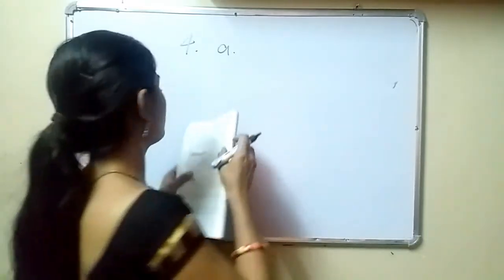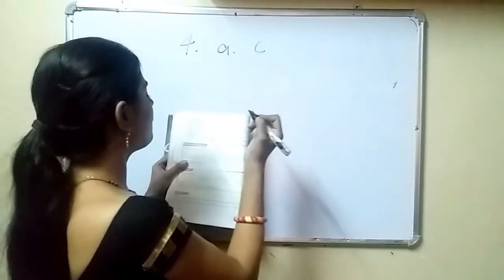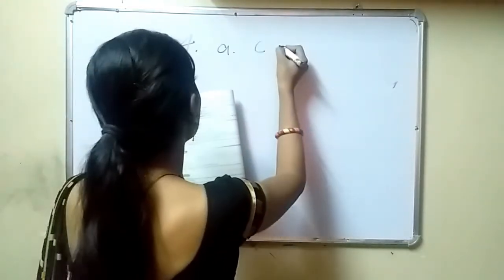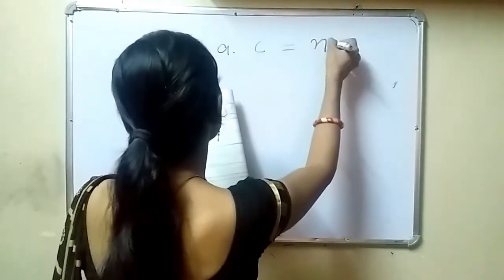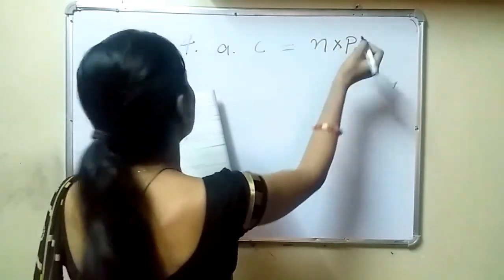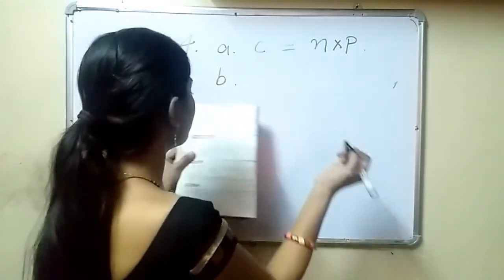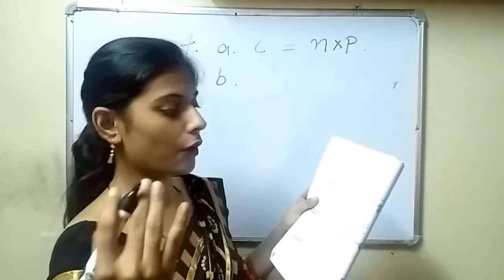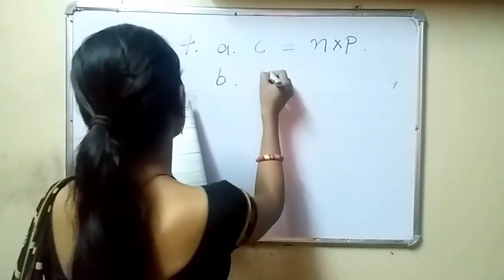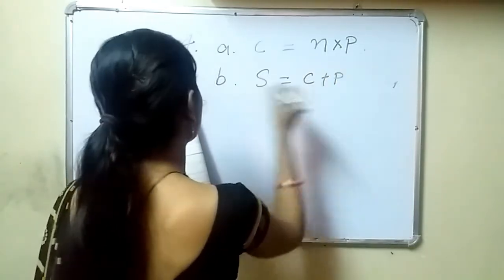Cost of the book is denoted by C, already given here, and it is the product of the number N and the price per book. This is your answer. The selling price of a guitar is equal to the cost C plus the profit P on it. Selling price means S is equal to C plus P.